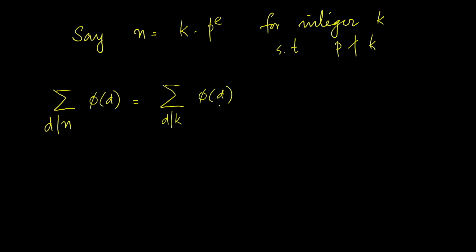So, this is a part of the sum, but that is not the whole of it. We also consider all divisors of pd that have not been considered before. That is, for every divisor d of k, we consider pd.